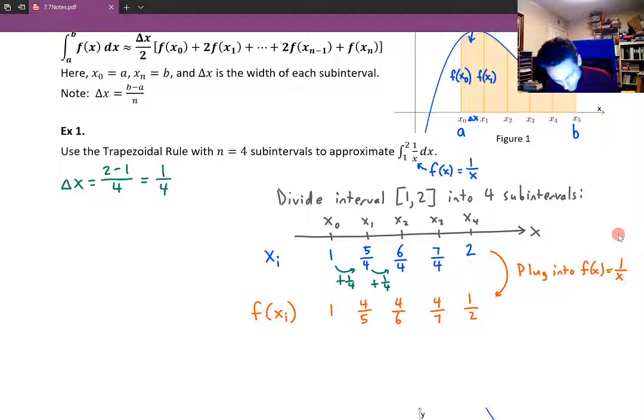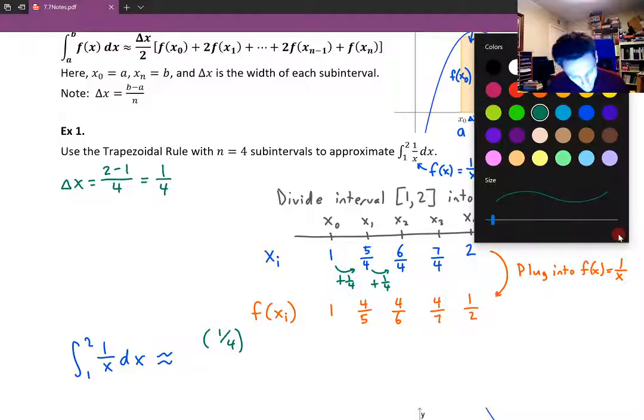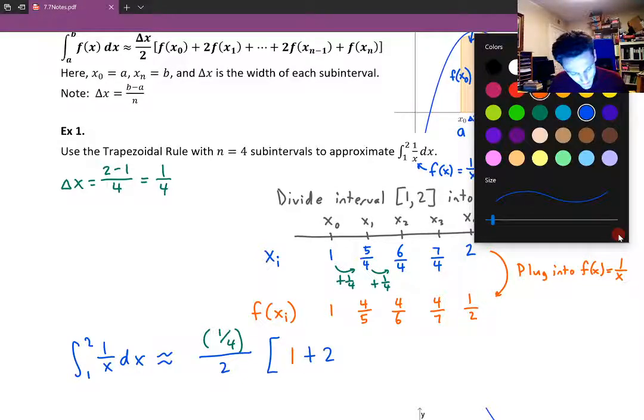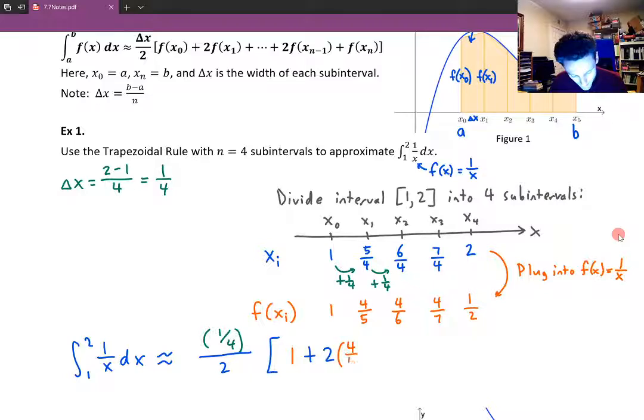Alright, so what we're looking for is the integral from 1 to 2 of 1 over x dx, at least an approximation of that. And so I'm going to write the squiggly equals. And our delta x, we said, was 1/4. We're going to divide that by 2 because that's part of the formula. Then we're going to write f of x sub 0, which is 1. We'll put a plus, and then 2 times f of x sub 1, which is 4/5.